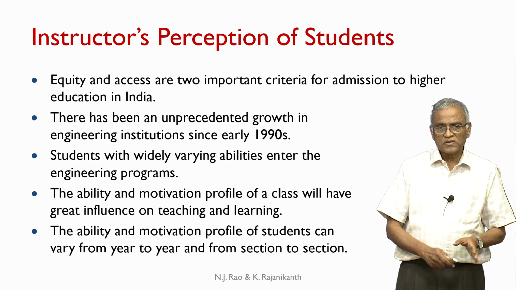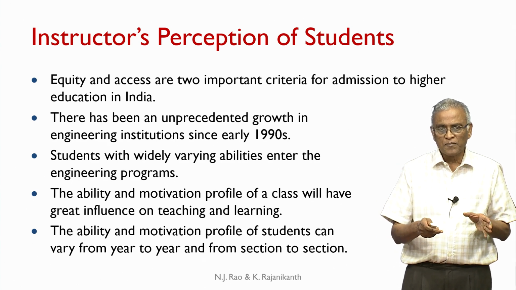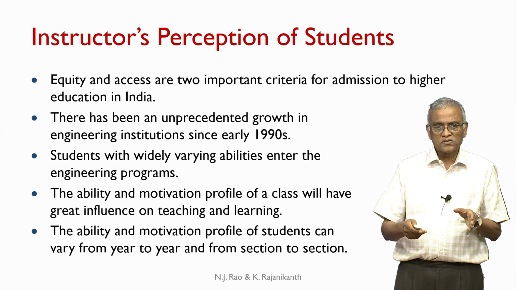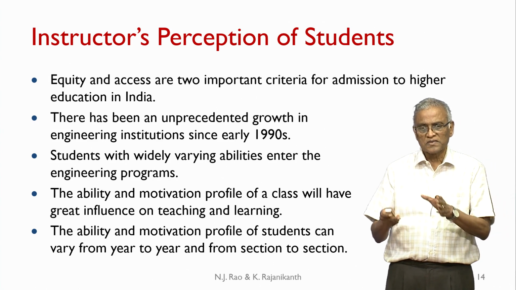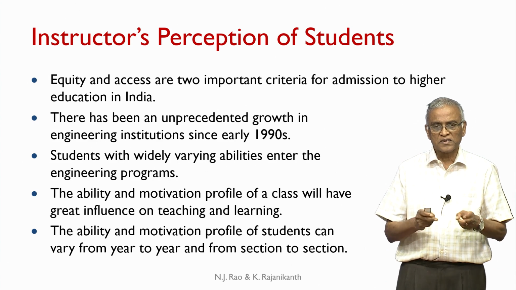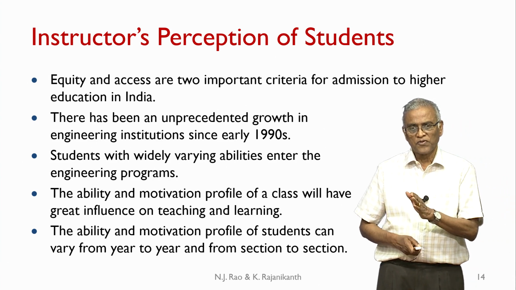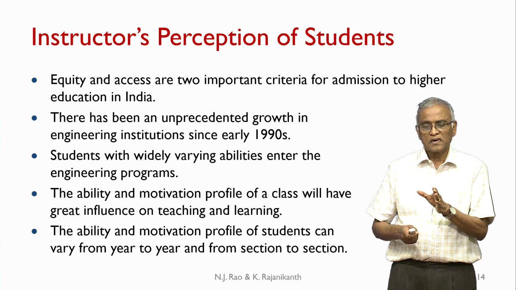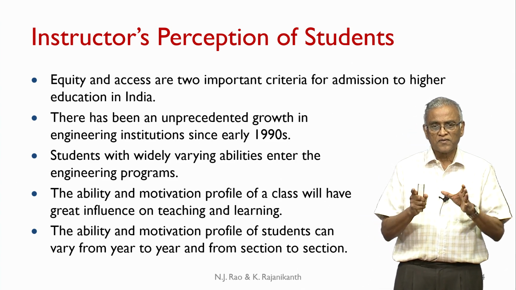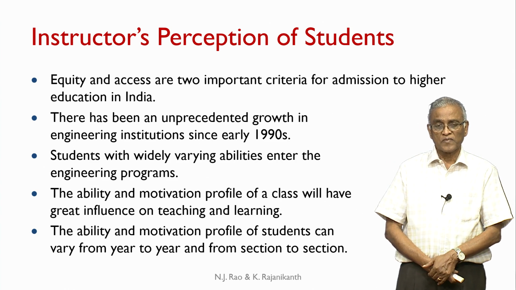And along with these widely varying abilities, you also have widely varying motivation. So, you have two important issues, one is the ability and the other is the motivation profile, and these two will have great influence on your teaching and learning.